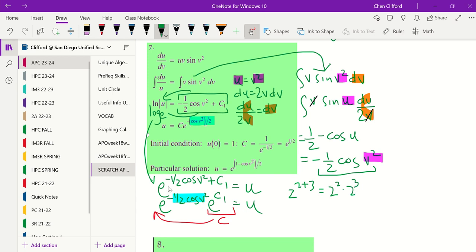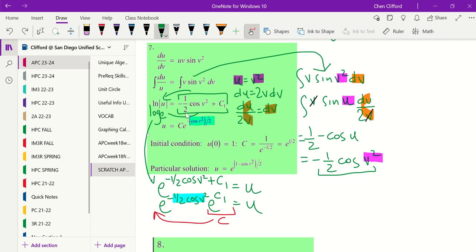And that's what they did to get from this line to this line over here. And then this is just one big fat constant. They're just going to move it up front. Hence, we get from this line right here to this line right here.